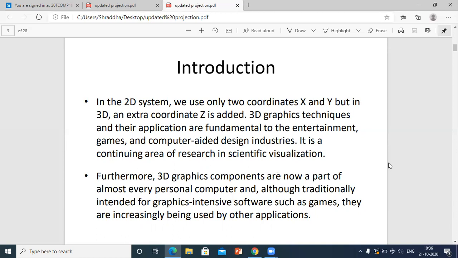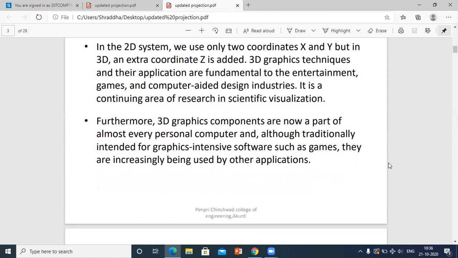And there are specially designed, graphics-intensive software that are used for games. They are also being increasingly used by other applications, not only for games but also for animated movies, 3D effect movies, and so on.